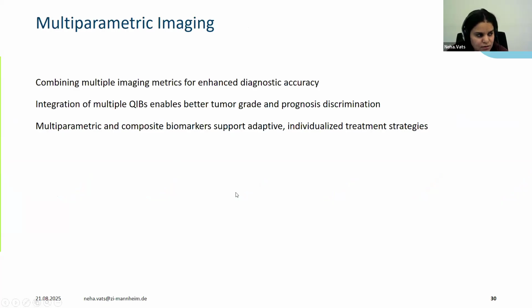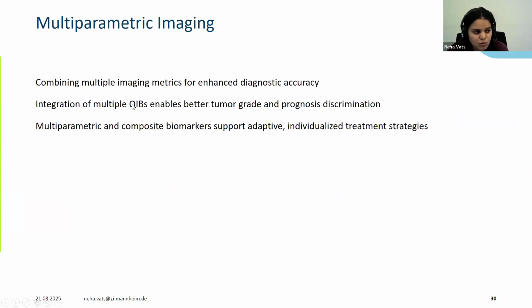As I mentioned earlier, you do not have to acquire just one of these quantitative imaging techniques. You can acquire a combination of them based on your requirement, based on your disease diagnosis or treatment or application. So combining multiple imaging metrics for enhanced diagnostic accuracy.